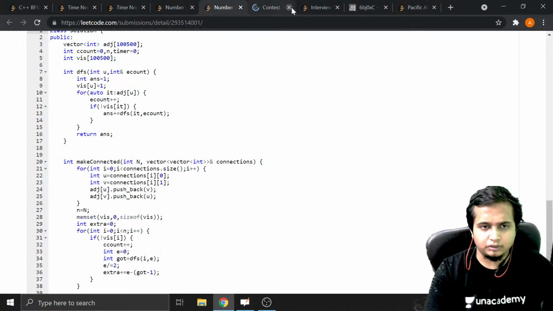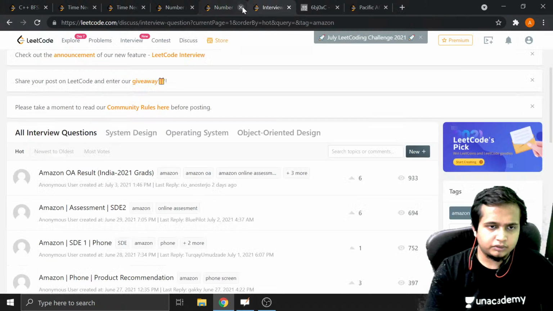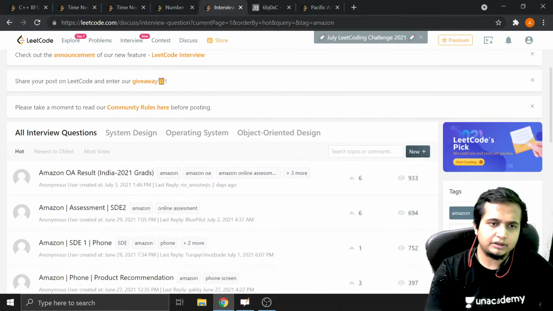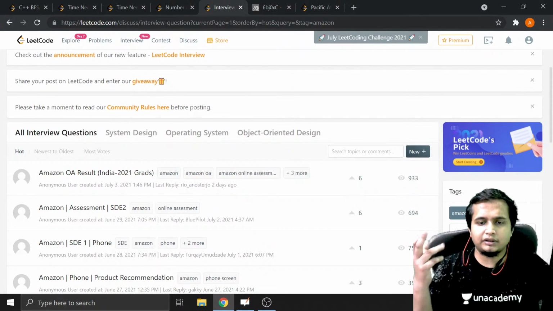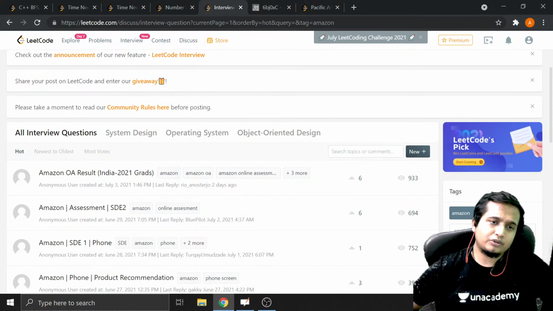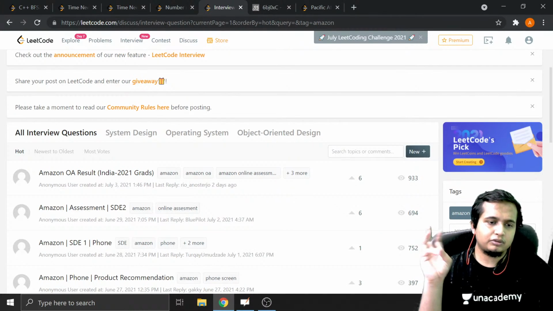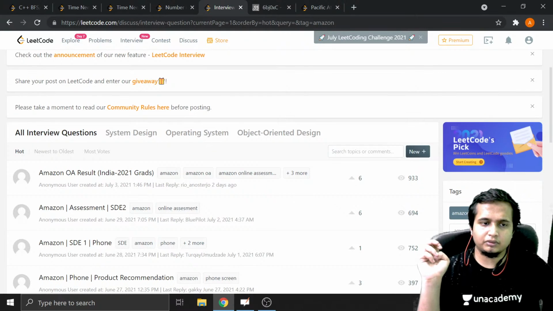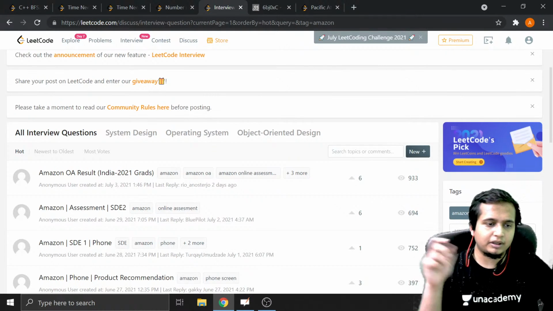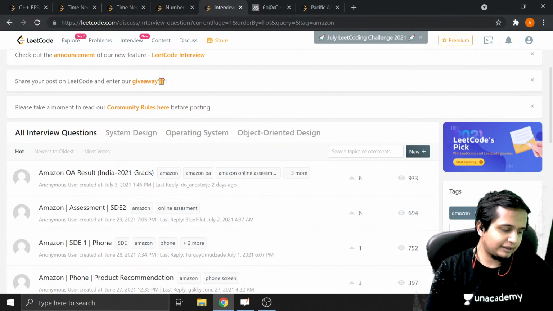I don't know how LeetCode is functioning, but I'll just add them. There are three places where you can solve graph problems from. First is to search the graph tag, and second are the BFS tag and the DFS tag. So problems are present at three places. Don't just go for the graph tag. I will be adding the problems in the list as well.